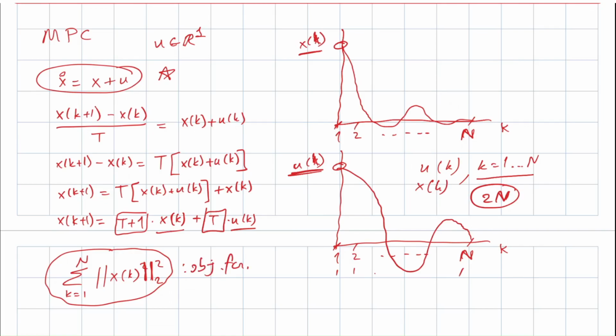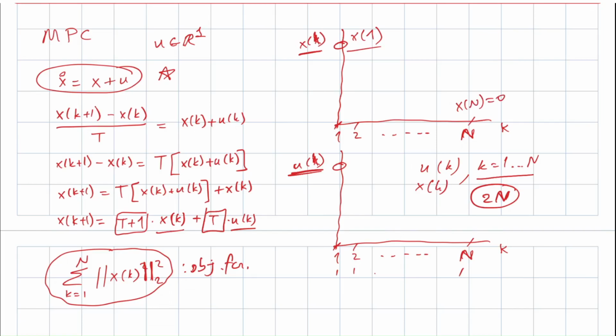In this problem we are considering that we know x of 1, and we also want to impose this constraint: x of n equals 0.